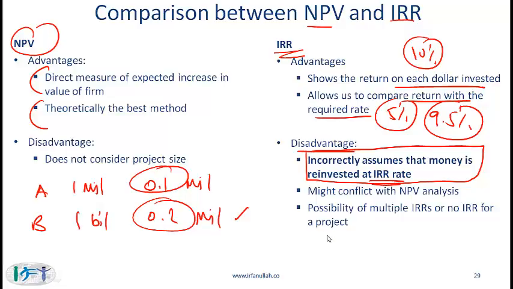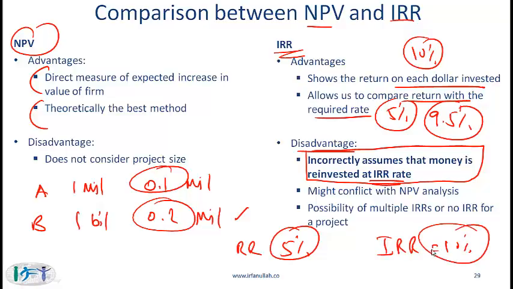In other words, if we have a project where the required rate is 5% and the IRR is 10%, then any cash flows generated according to the IRR calculation are assumed to be reinvested at 10%. The theoretically correct assumption, however, and one that is used by the NPV method, is that intermediate cash flows are reinvested at the required rate.